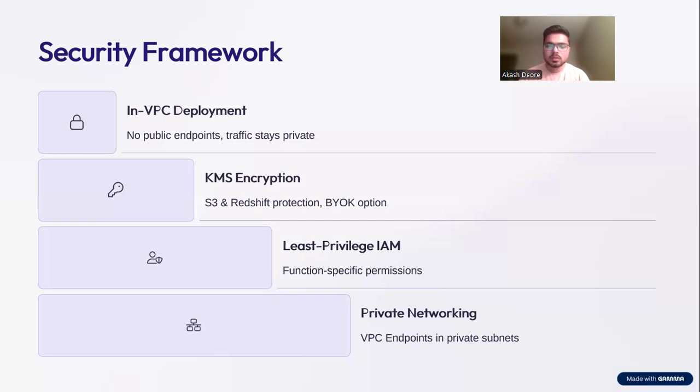And last one is private networking. VPC gateway and endpoints prevent traffic from transiting the public internet. These controls help satisfy industry regulations such as GDPR, HIPAA, and SOC2 without extra appliances.